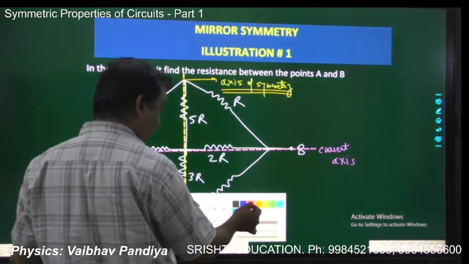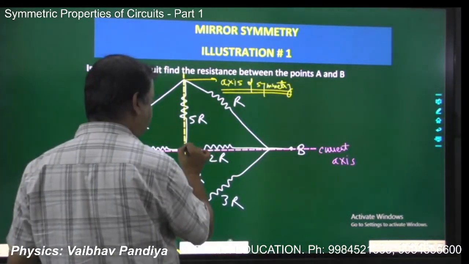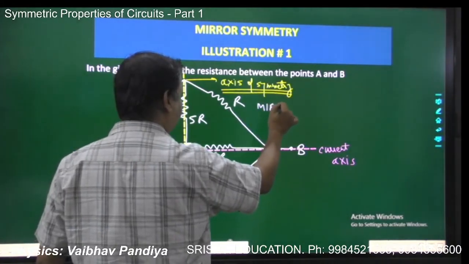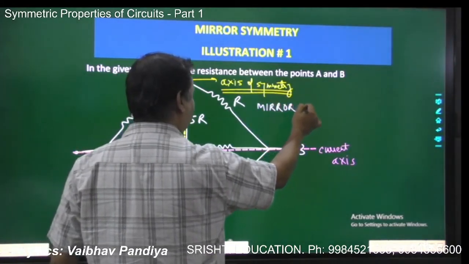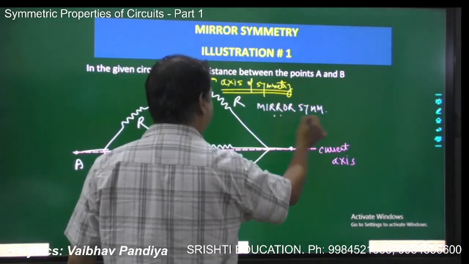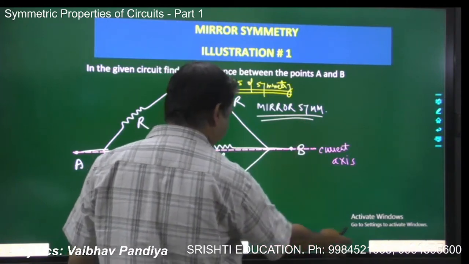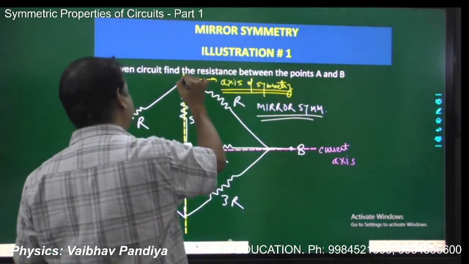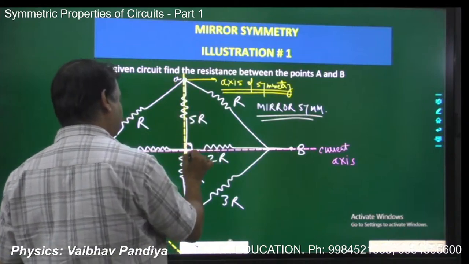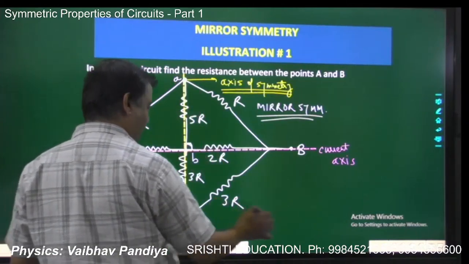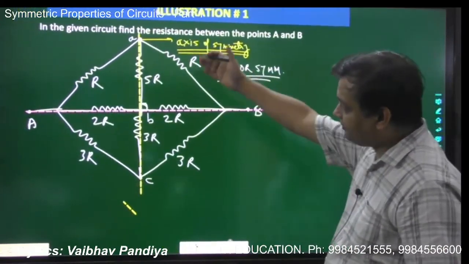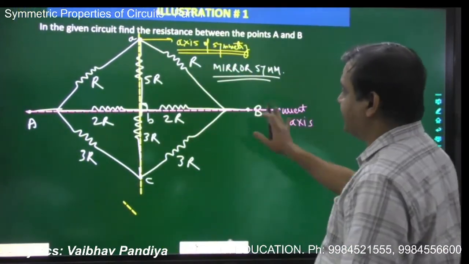Since this vertical line is perpendicular to the axis of current, we can say it is a mirror symmetry. So all the properties of mirror symmetry will hold. Say I'm putting these nodes A, B, C. Now I have to find the equivalent resistance between capital A and capital B.